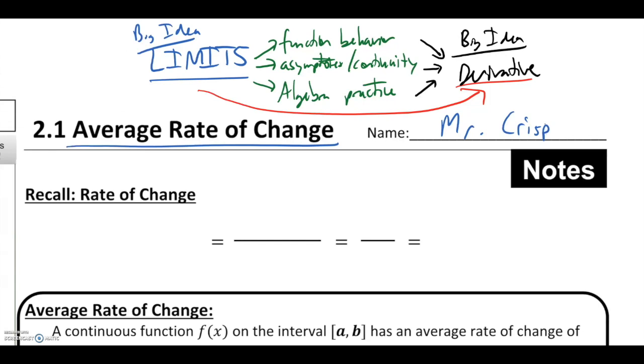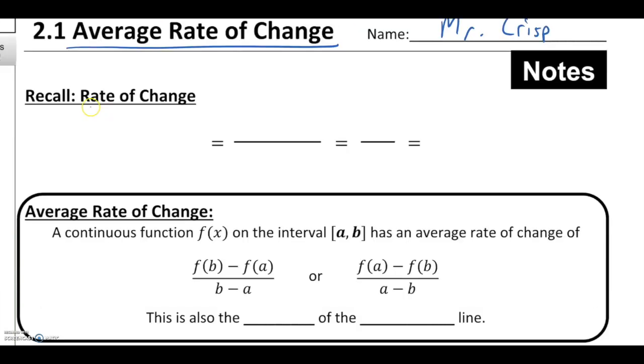So let's start with this idea of average rate of change. Before we go on to average rate of change, recall what just a rate of change has generally meant to us throughout the years. The word that we usually associate with rate of change is slope. And where we've seen it the most is with lines, with linear functions. We talk about rise over run.